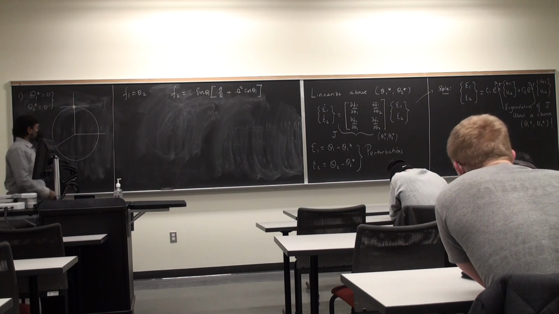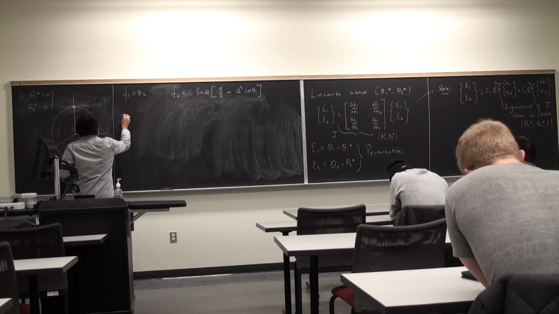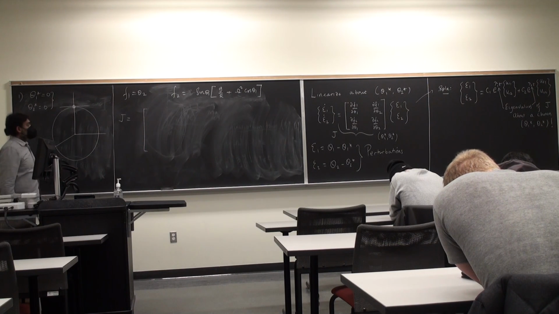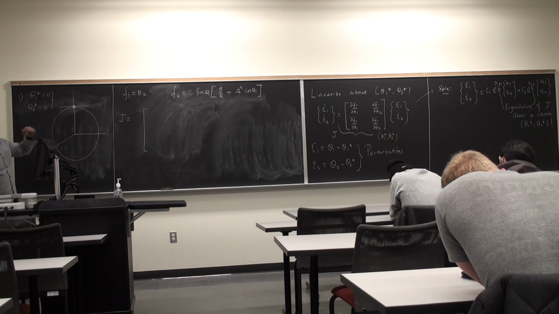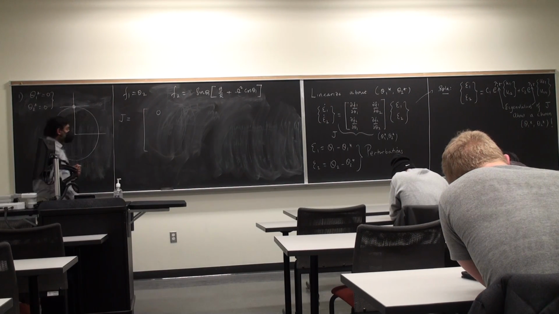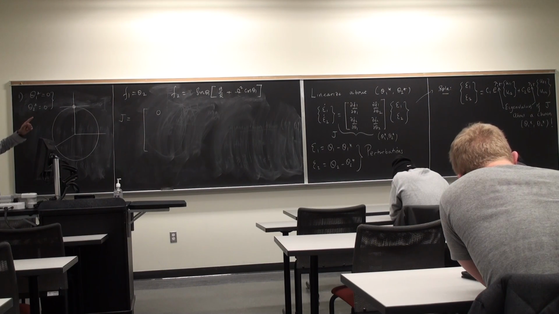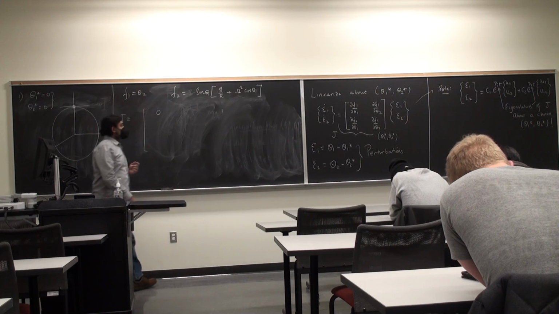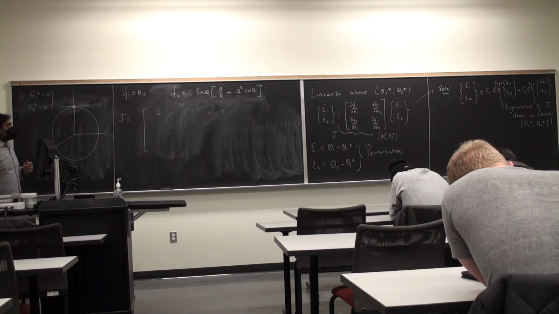If I calculate the Jacobian, df1 by d theta 1 is 0 because f1 is not a function of theta 1. df1 by d theta 2, which is the second entry in the first row, is equal to 1. By the same token, df2 by d theta 2 is 0 because f2 is a function only of theta 1.